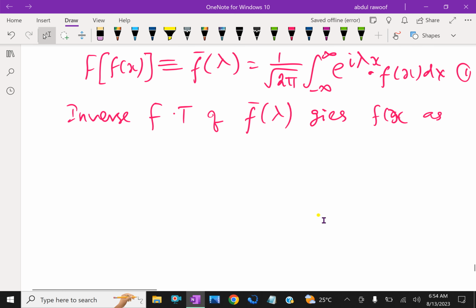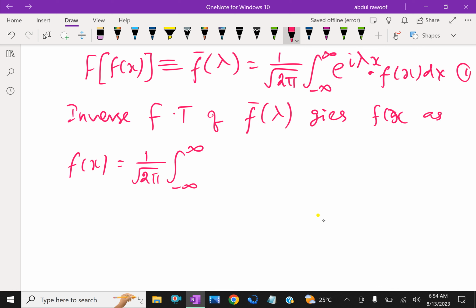That is, f of x from the inverse Fourier transform is 1 by root of 2 pi integral minus infinity to plus infinity e power minus i lambda x f dash of lambda d lambda, let it be 2.